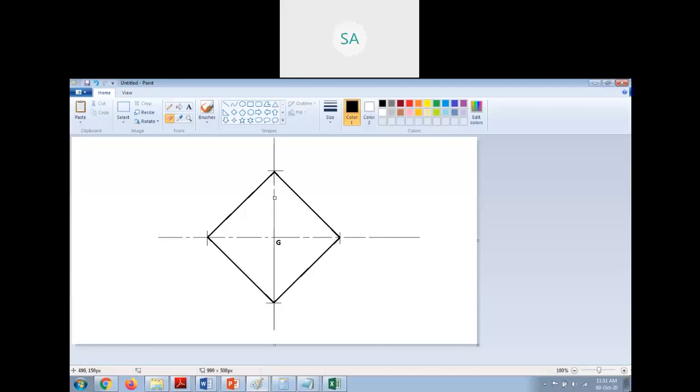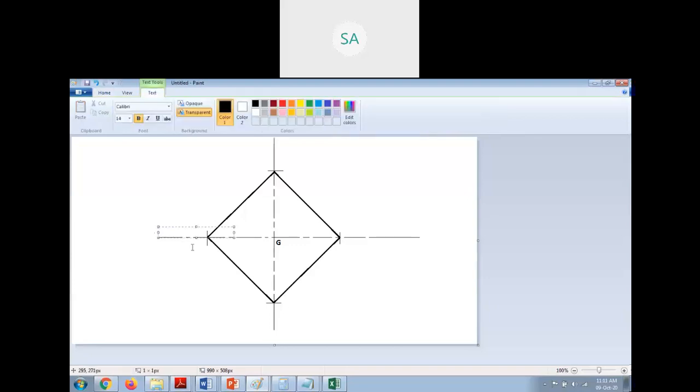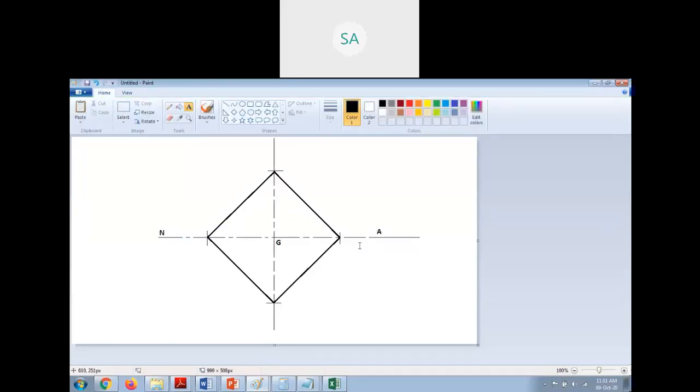This is the other diagonal. Let me name the neutral axis N A. Now I'll name this square section.